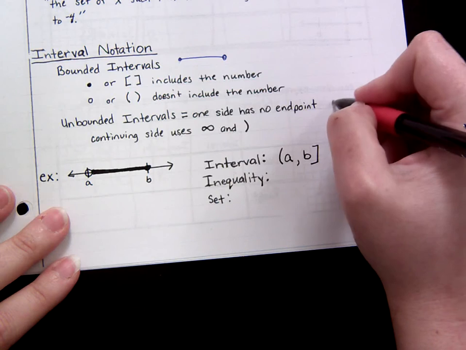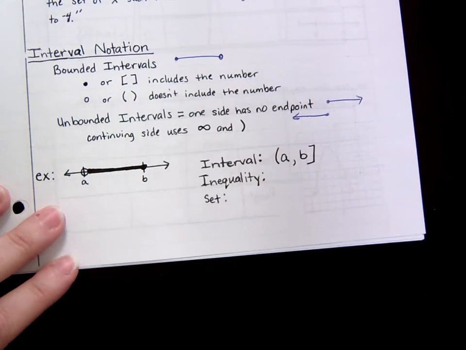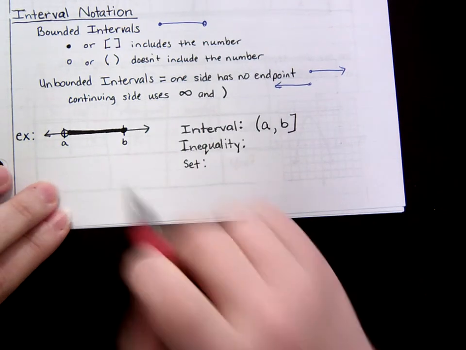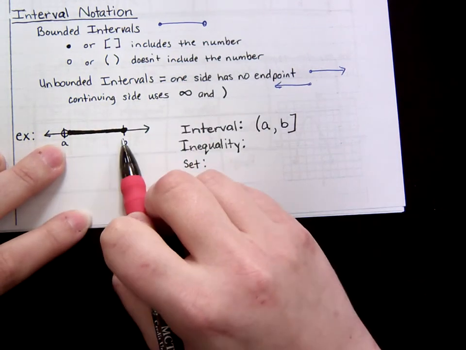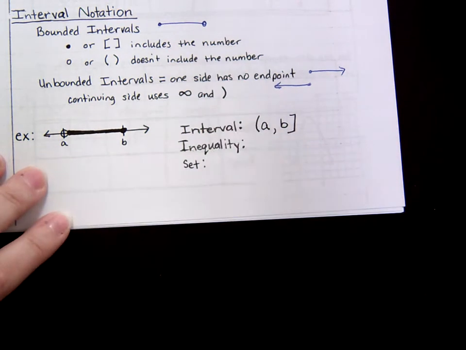An unbounded interval only has one endpoint. One side goes to infinity or negative infinity. And with infinity, because you can't reach it, you use a parenthesis. So for example, here I have a bounded interval going from A to B. It can represent numbers. It can be 1 and 2.